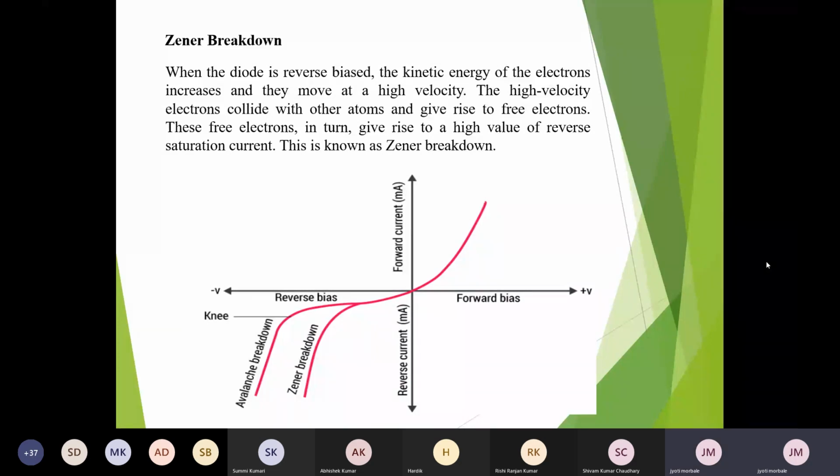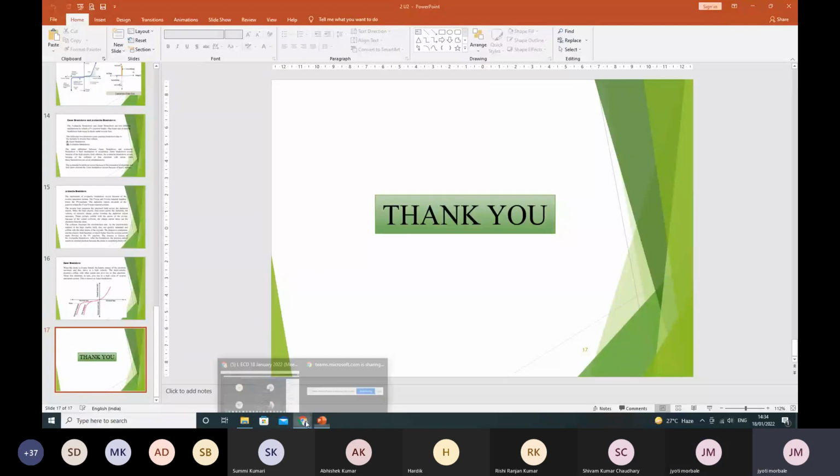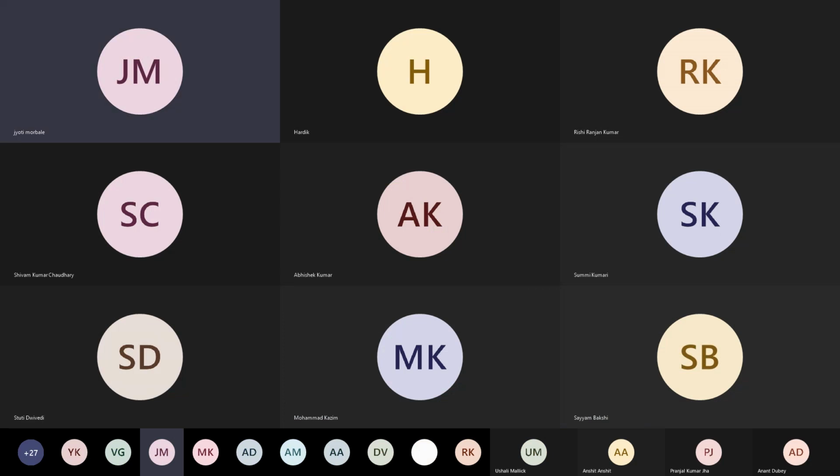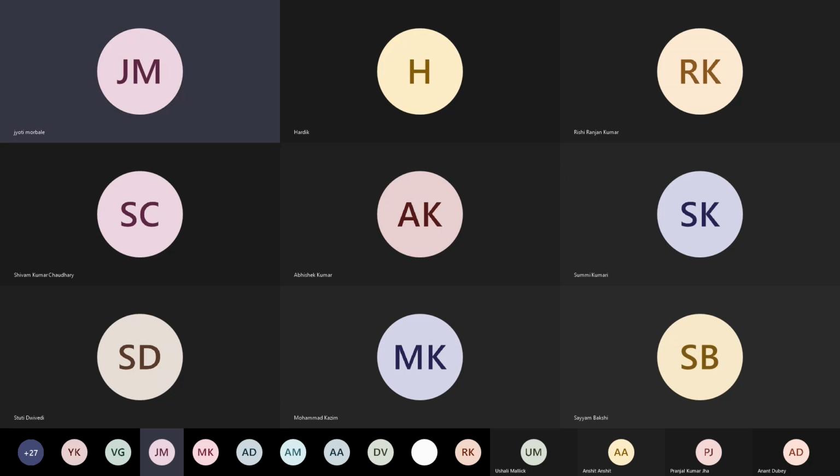Okay, so this is very similar to the avalanche one, but Zener breakdown takes place somewhat at the initial stage and उसके बाद avalanche breakdown होता है. Okay, so this is about the Zener and avalanche breakdown. Now we are going to see the next topic, that is rectifier.